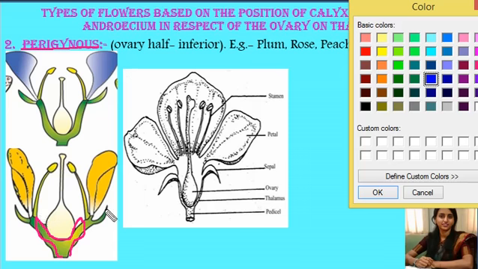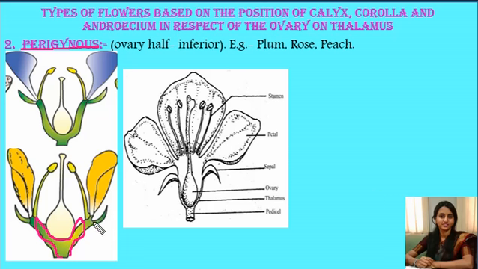This is the sepal, and this is petal, and this is stamen. Similarly, here it is stamen, this is petal, and this is sepal. So all these whorls are situated at the rim of the thalamus.